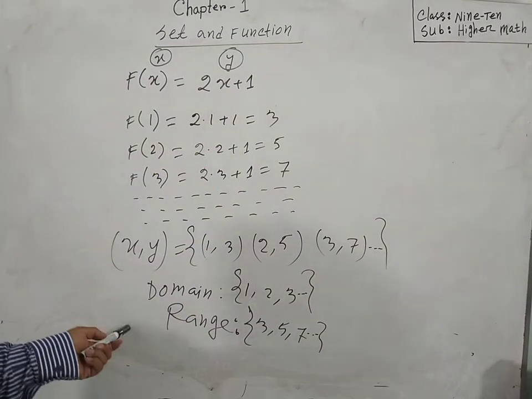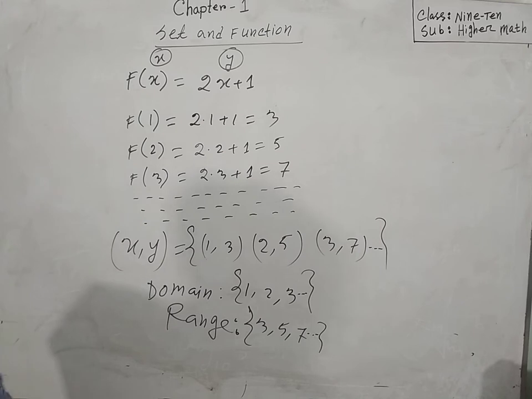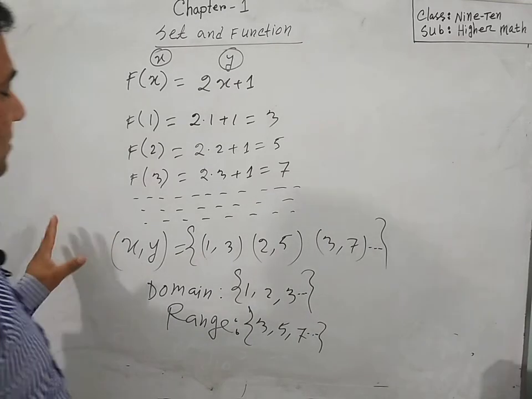Here domain and range are real values. For values of x, we can get value of y. It's called range. Do you understand?